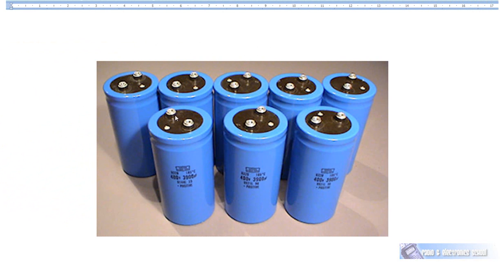All of these capacitors are large electrolytic capacitors. I can just make out it looks like 450 volts. So these are polarized capacitors. There's a positive and a negative lead. There will be a positive sign on the positive terminal, and should you connect them around the wrong way, they will explode.